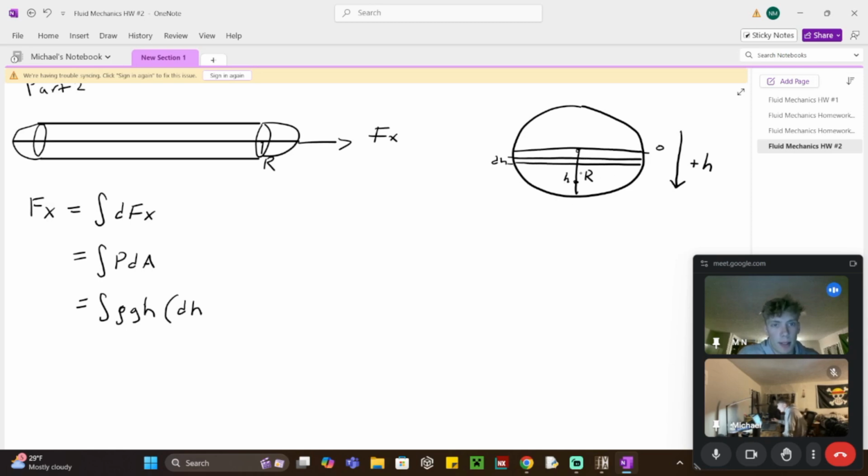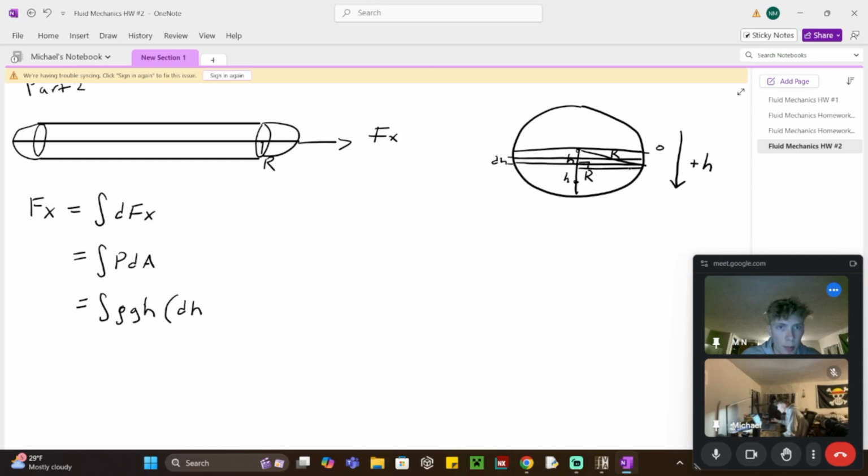If we look at this right triangle here, this will be our R, and this will be our h.